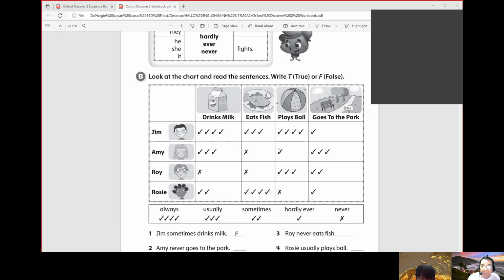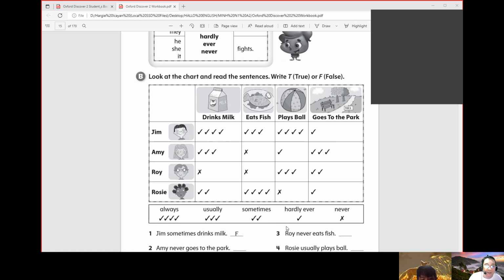He can play ball with only one check, and goes to the park with three. Roy does not drink milk, does not eat fish, but plays ball and can go to the park also, so two checks. Then Rosie has two checks for drinking milk and four checks for eating fish, and then she doesn't play ball and goes to the park with only one check.